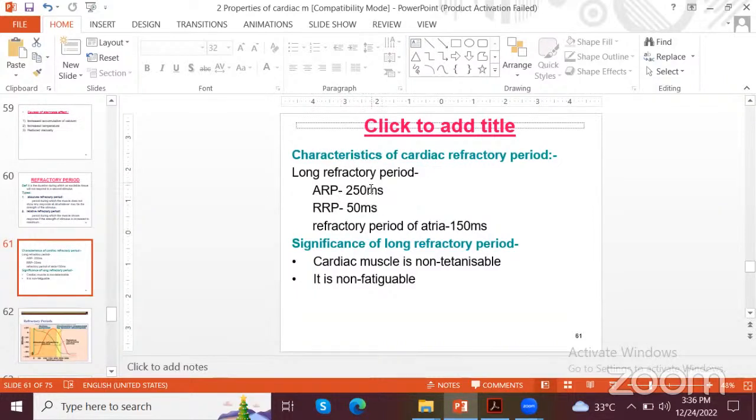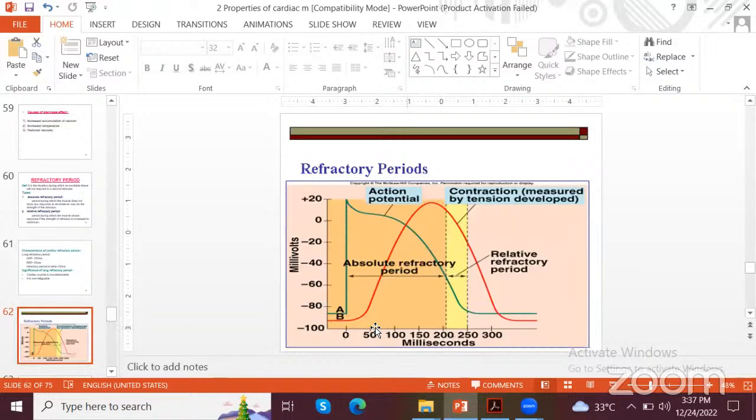Absolute refractory period is around 250 milliseconds and the relative refractory period is around 50 milliseconds. The refractory period of atria is around 150 milliseconds. The importance of this long refractory period is that the cardiac muscles won't get tetanized and won't get fatigued, because the whole action potential, the whole of the muscle contraction, takes around 250 to 300 milliseconds, depending on the impulse production.